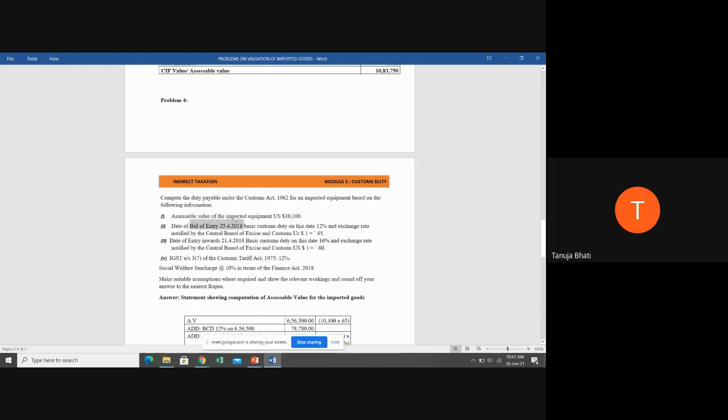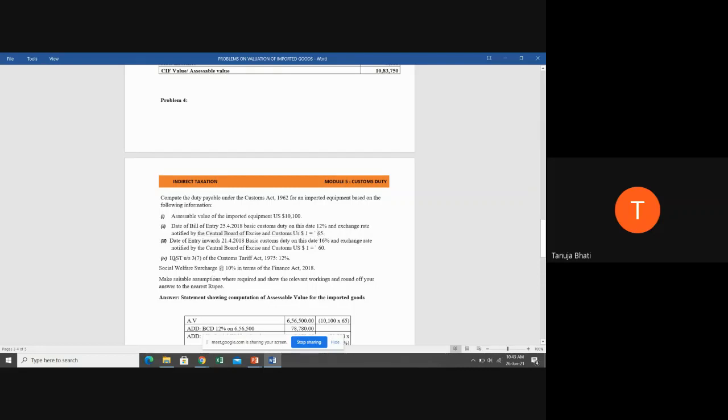When it is bill of entry, you have to consider the exchange rate as $1 is equal to 65 rupees, because the date of bill of entry is the later date, and at the later date the CBIC is considering the exchange rate to be $1 is 65 rupees. Therefore you have to consider the latest exchange rate notified by the CBIC, that is whichever is later. Therefore we'll consider it as 65.